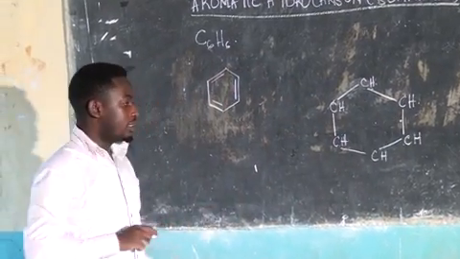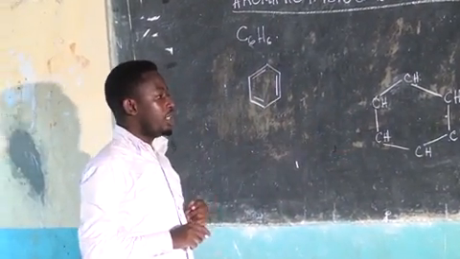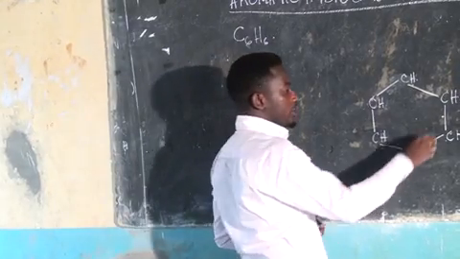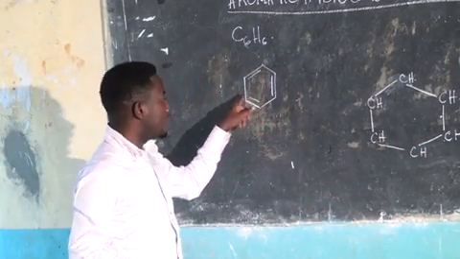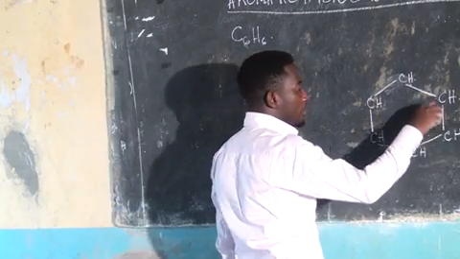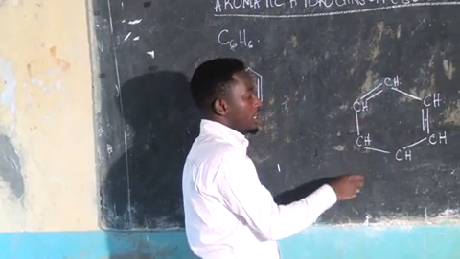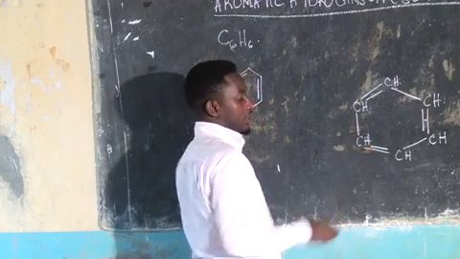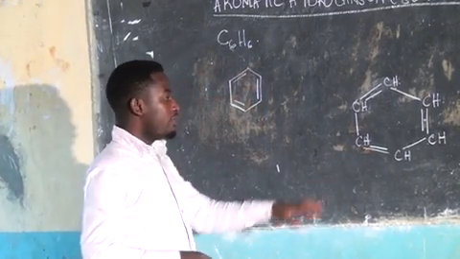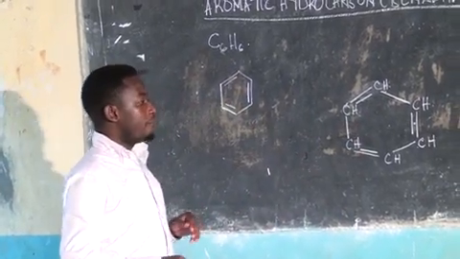He suggested that you could take this structure with alternating double bonds: a double bond here, there, and here. So he gave us this structure.